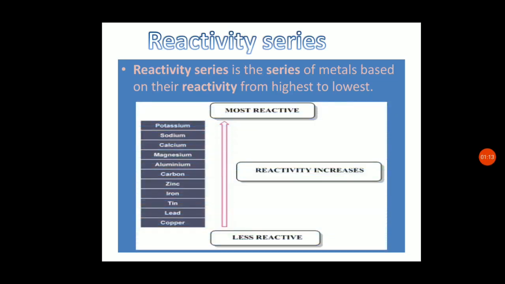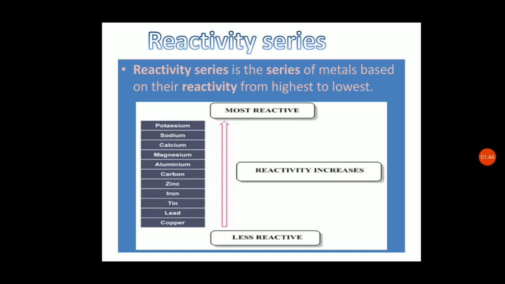So potassium is highly reactive metal. Next, sodium, calcium, magnesium, aluminium, carbon, zinc, iron, tin, lead, copper. Copper is the least reactive metal. As you go from top to down, the reactivity of the metals decreases.